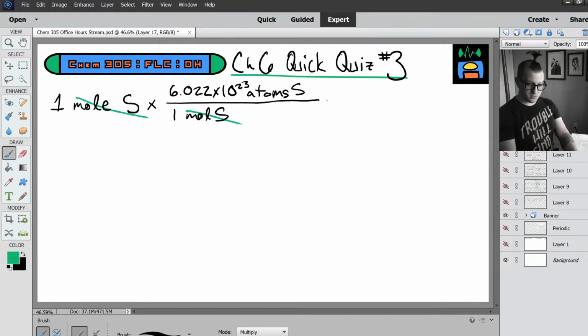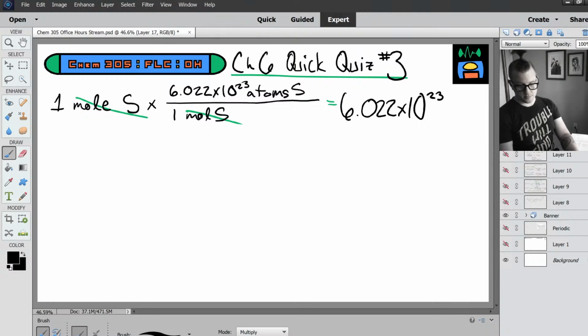Moles cancel. So in a 1 mole sample of sulfur atoms, there are 6.022 times 10 to the 23rd atoms of sulfur.